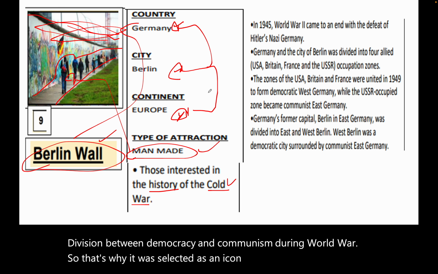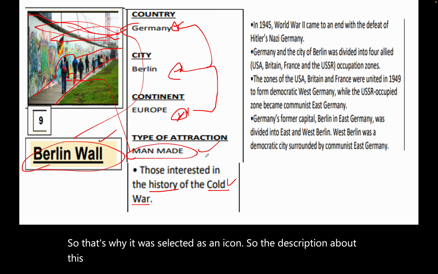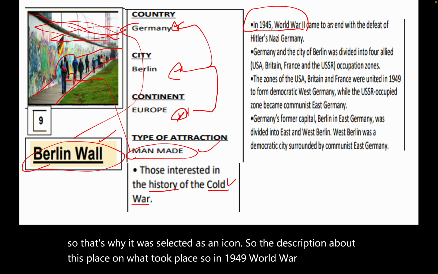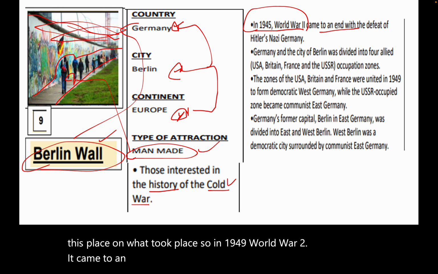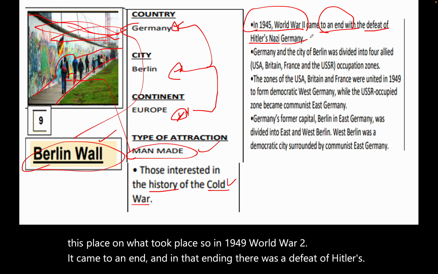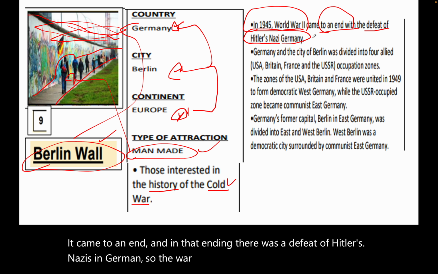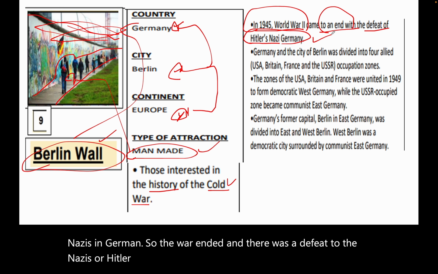Now the description of what took place. In 1949, World War II came to an end, and in that ending there was a defeat of Hitler's Nazis in Germany. The war ended with the defeat of the Nazis led by Hitler.